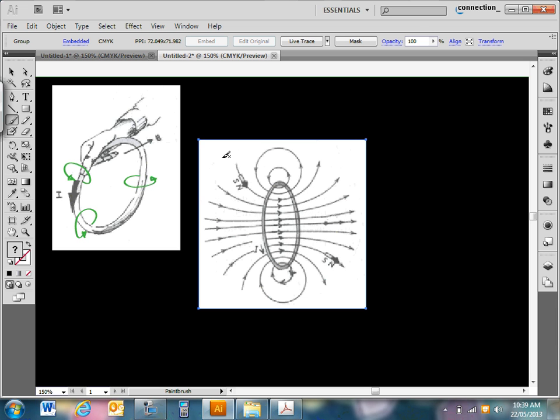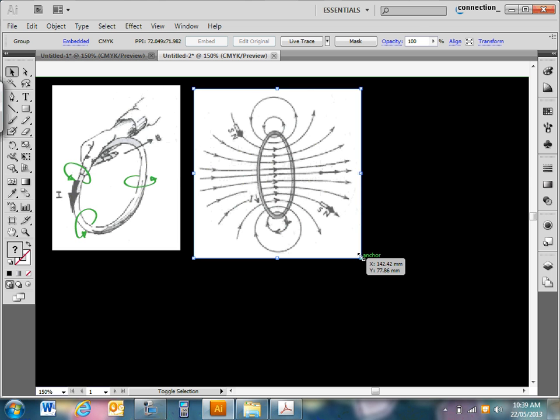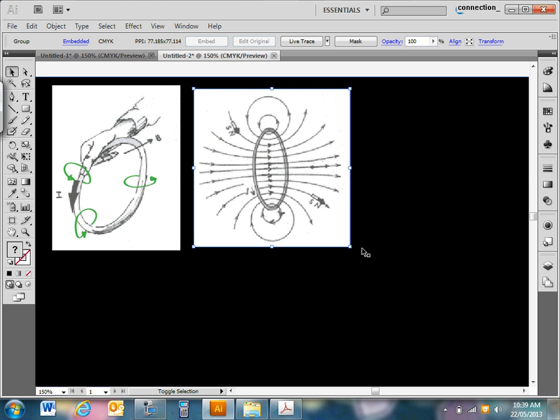It turns out that through the loop we get this nice flow, or flux, they call it. Flux is another word for flow, really. So if I were to continue to draw the field lines, that's what they would look like.